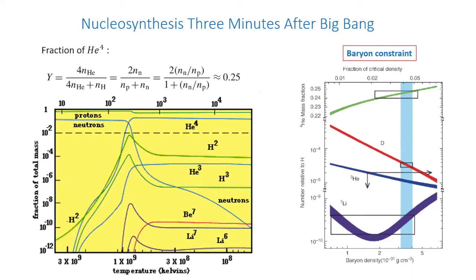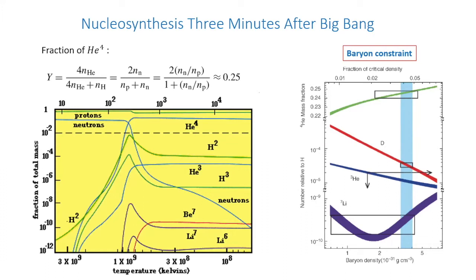And deuterium. So what they see here is that the more baryon, the more proton and neutron there is in the universe, the less deuterium would be left over. Most of them would be captured by one another to create helium nucleus.